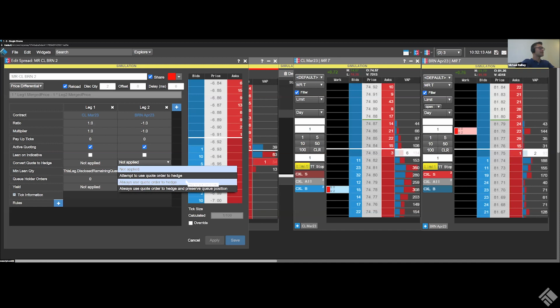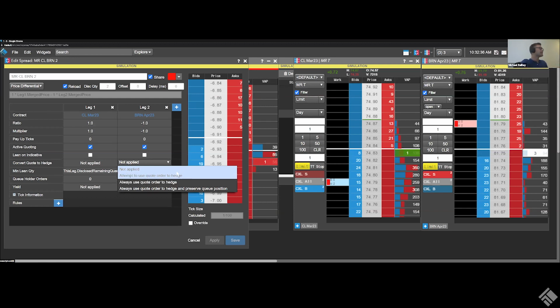So what this is saying is, instead of always sending that hedge order, first ask, am I quoting something else already that facilitates this? Do I have an order in the market that is going to be able to facilitate this spread?